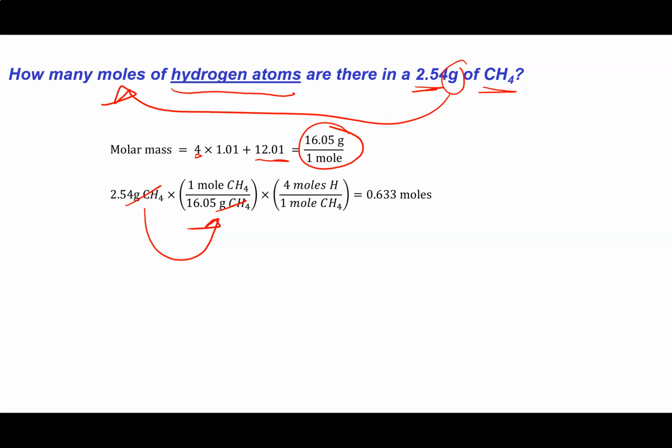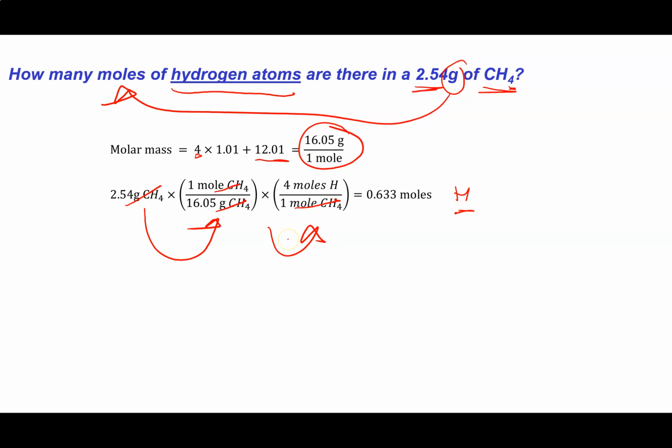And then now I'm going to turn that into moles of hydrogen by using my mole ratio that I was talking about before. I recognize that I get 4 moles of hydrogen for every 1 mole of methane. And that'll convert me where I want to be, which is through to my moles of hydrogen.